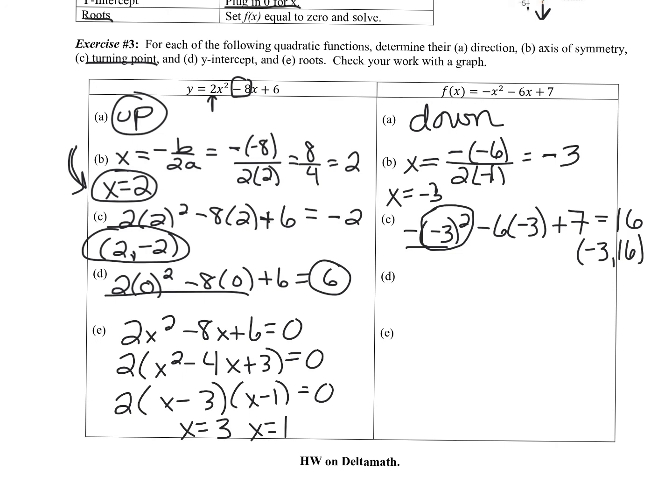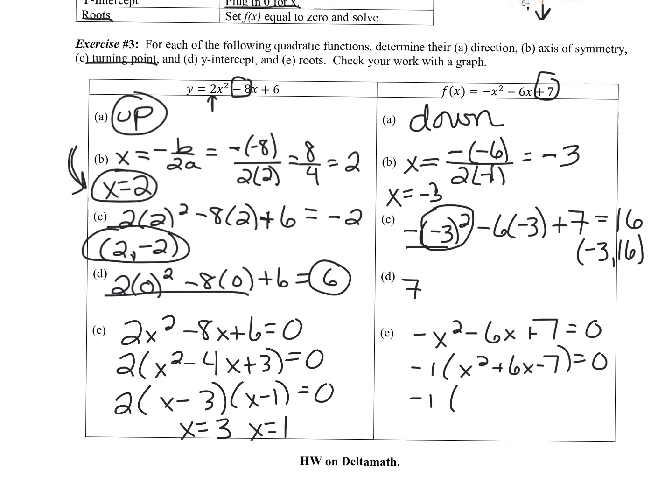My y-intercept using that rule from last time is just going to be the number by itself, so that's 7. And then solving to find the roots or the x-intercepts, we set it equal to 0. And we factor again.